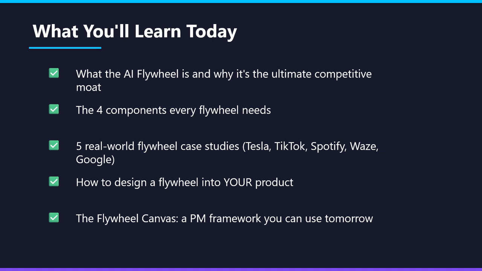And one stat to set the stage: 80% of AI moats come from data advantages, not from model advantages. The model is the easiest part, but the data flywheel is the hardest part. And that's a product problem, not an engineering problem. So let's dig into it.